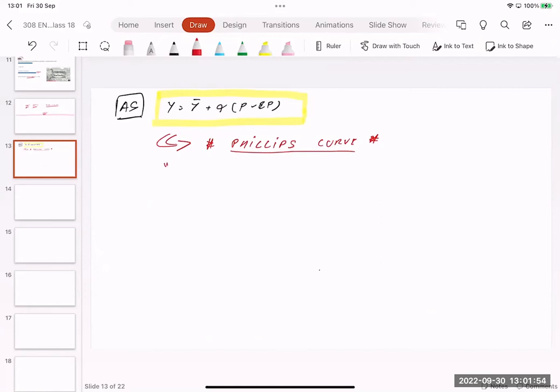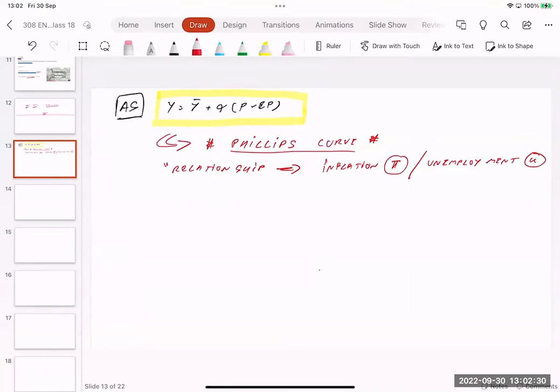The Phillips curve is the concept that shows the relationship between inflation, which we use pi for, and unemployment, which we use u for. So today we're using the aggregate supply equation to find the Phillips curve, which shows the relationship between inflation and unemployment.